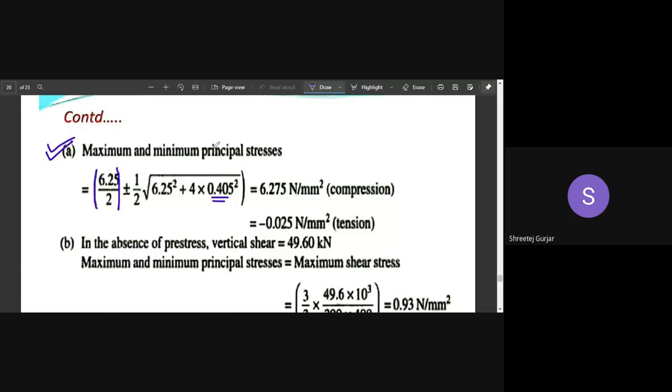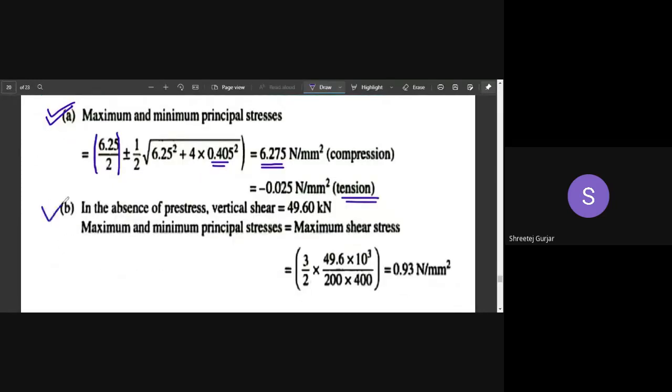So you can substitute in that formula of maximum and minimum principal stresses, and we can get that the principal stress is in compression, it is 6.275 Newton per mm squared, and minus 0.025. Because it is minus, hence it is tension. Okay, this is the first case.